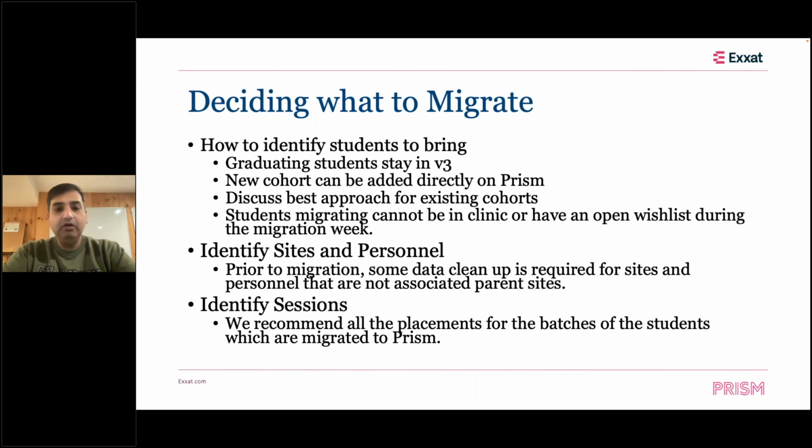Normally, graduating students, if they are graduating in the next 3 to 6 months and have completed their major rotations or clinical experience in version 3, let them complete and graduate in version 3. The other very clear case is if a new cohort is coming up, it is an opportunity for direct movement into Prism.